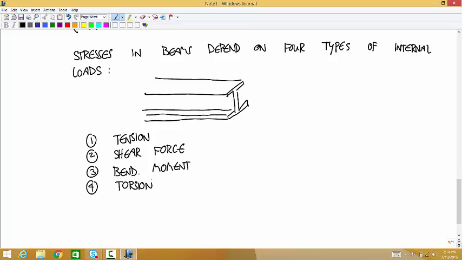And torsion is an internal moment about the long axis of the beam. Like a twisting of the beam, wringing out the beam, you know.